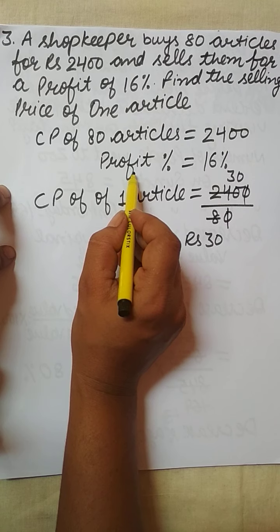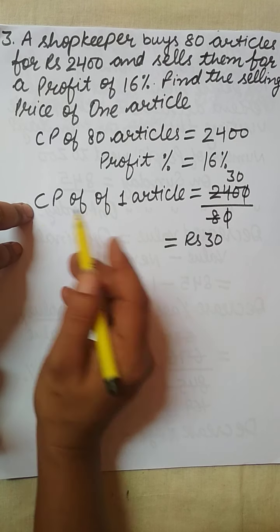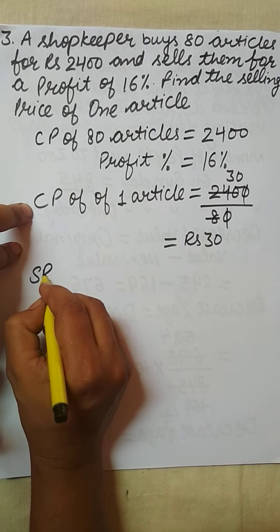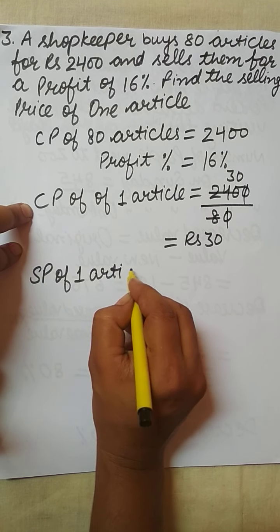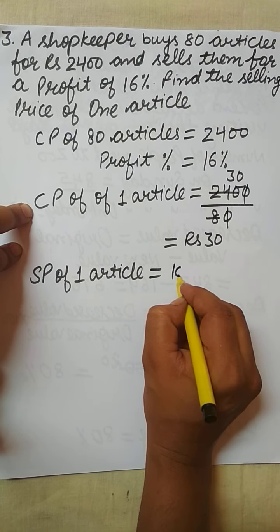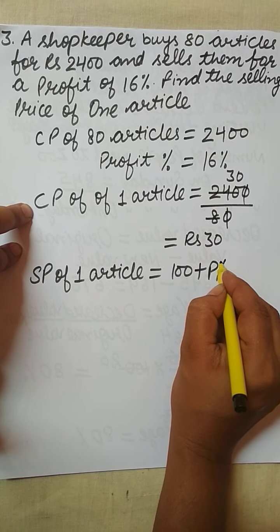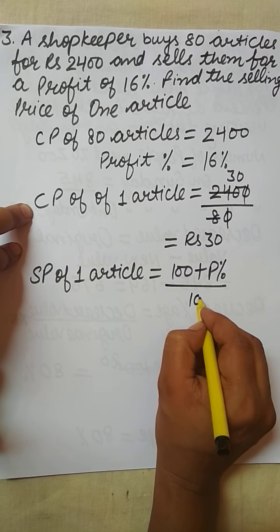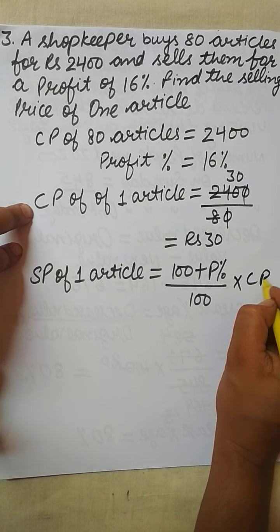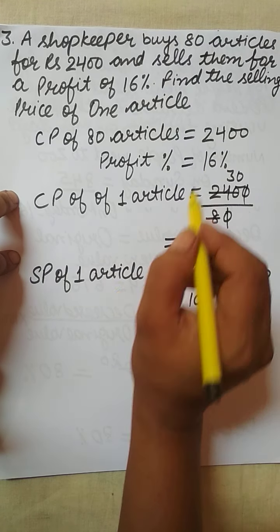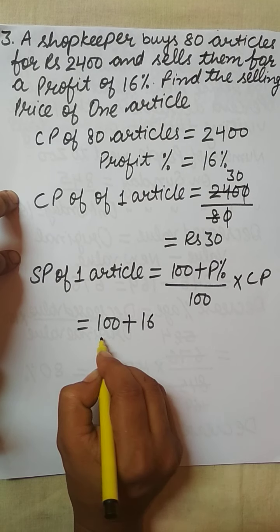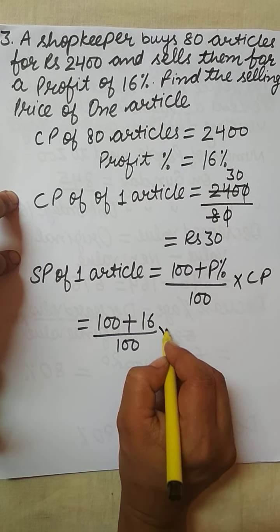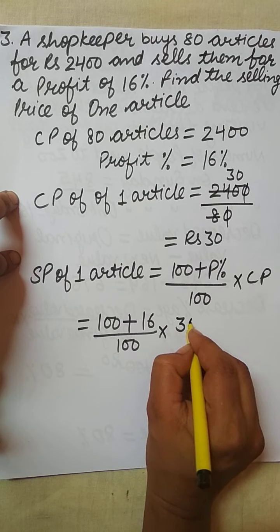Now the profit percent is given, cost price is given, so we can calculate the selling price of one article. It will be equal to 100 plus profit percent divided by 100 multiplied by cost price. Profit percent is 16%. 100 plus 16 is 116, divided by 100, multiplied by 30.